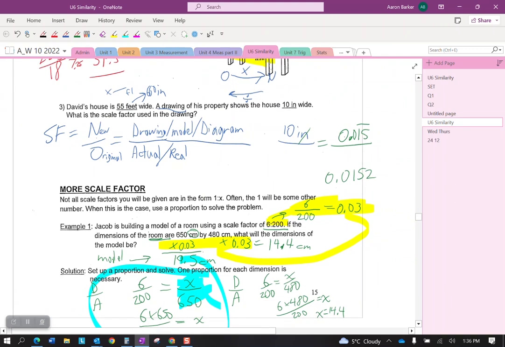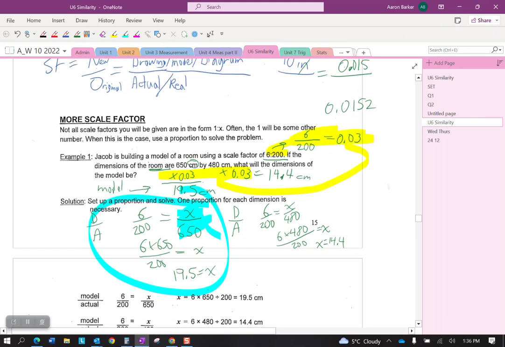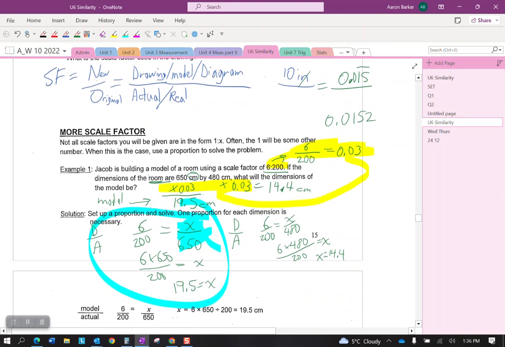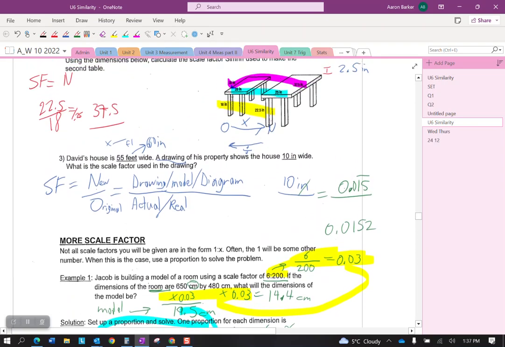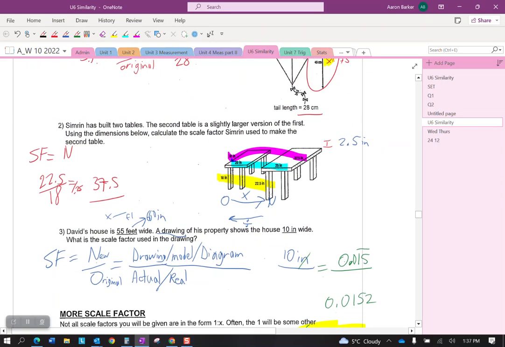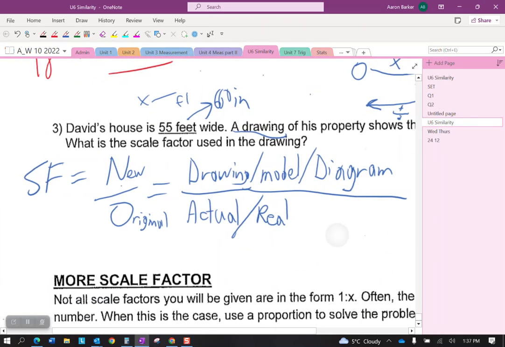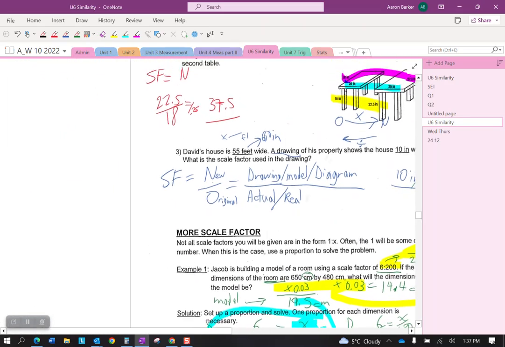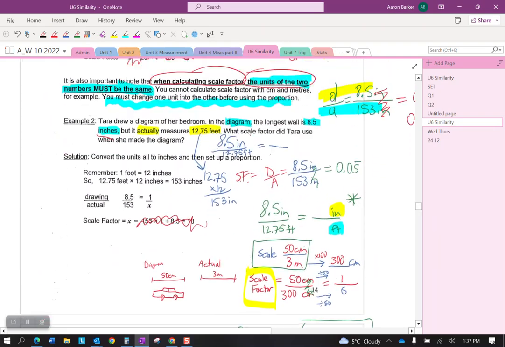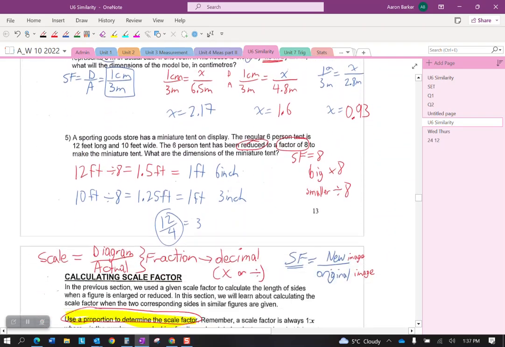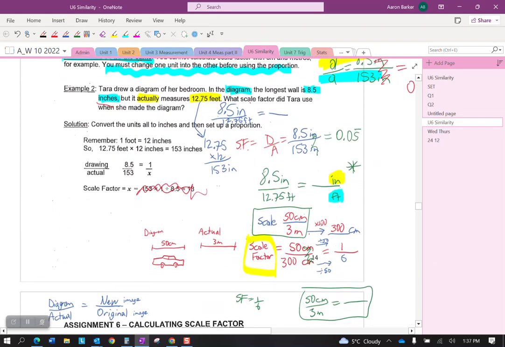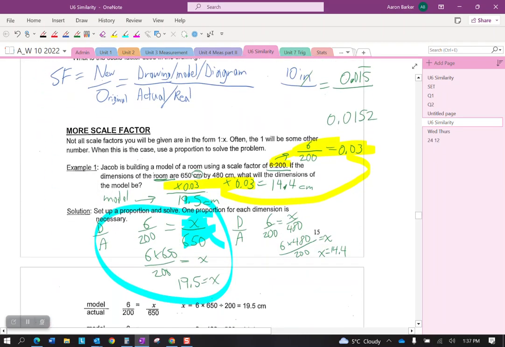So this is just more of the same, exact same thing. Once you got these written down, then you can get started. So today we're doing 5 and 6. No, sorry, we're doing 6 and 7.